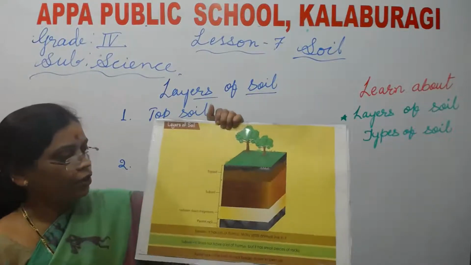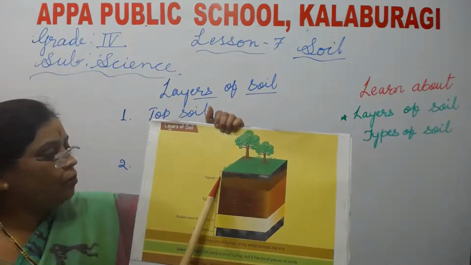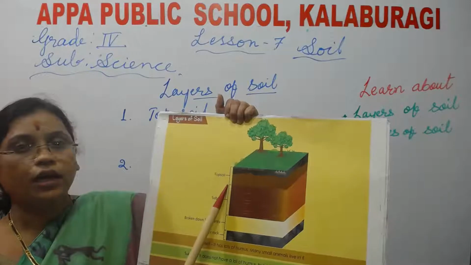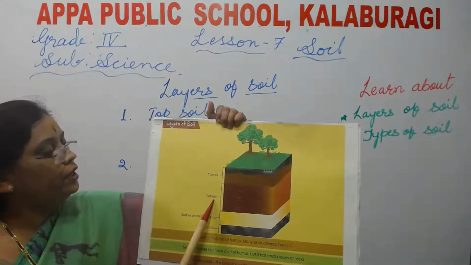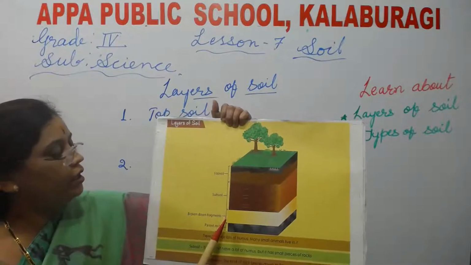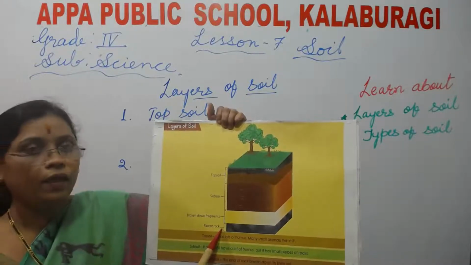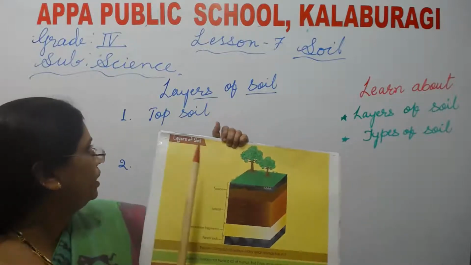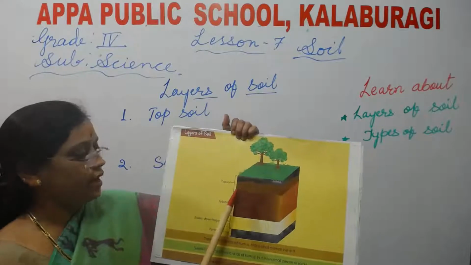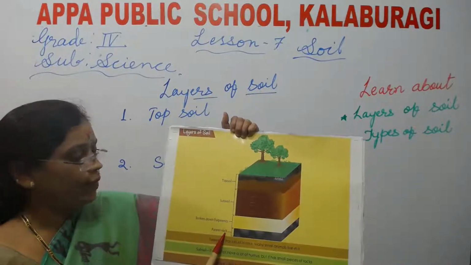The top layer is called the topsoil, below it is the subsoil, and the last layer of soil is called the bedrock. Got it, children? How many layers does the soil have? It has 3 layers: topsoil, subsoil, and bedrock.